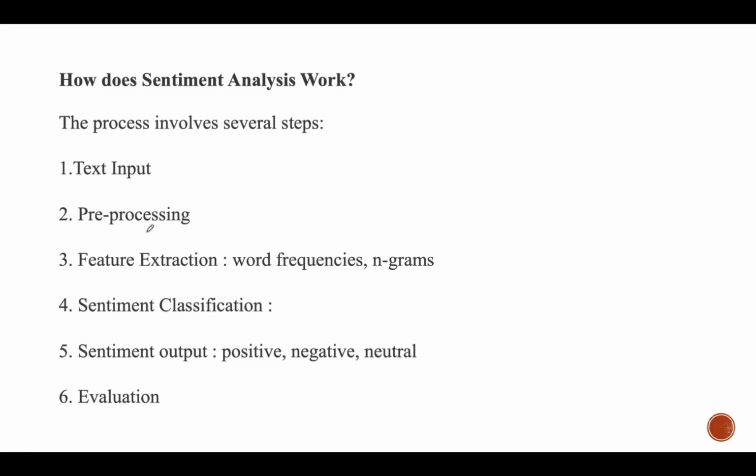And after that, feature extraction is done. Here, features can include word frequencies or n-grams, where a sequence of adjacent words is considered, or even syntactic and semantic structures. And then sentiment classification.